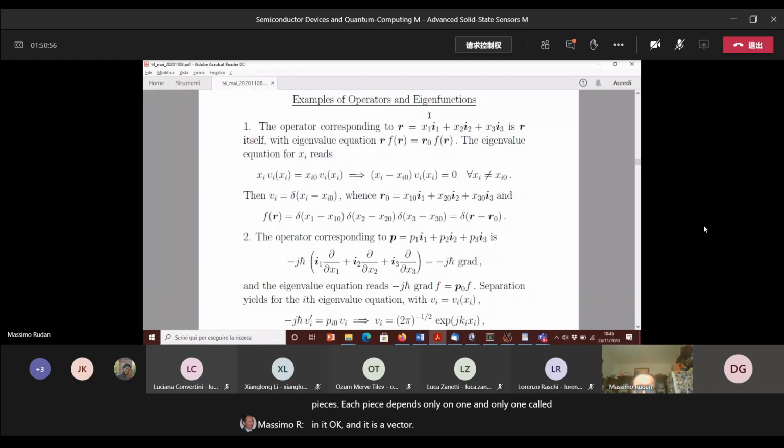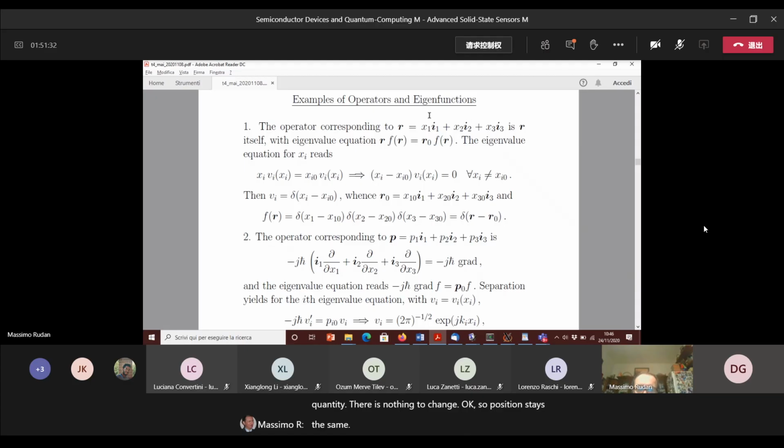You remember that the general postulates of quantum mechanics prescribe that when we construct an operator starting from the classical expression of the dynamical quantity, the position coordinates must be left untouched. So when we transform the position into an operator, the position just remains the same quantity. There is nothing to change. Okay, so position stays the same.